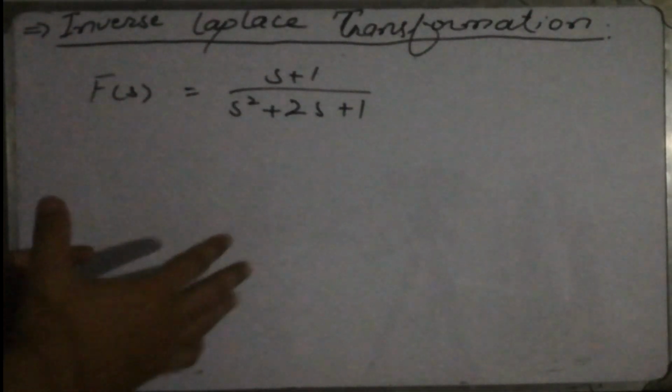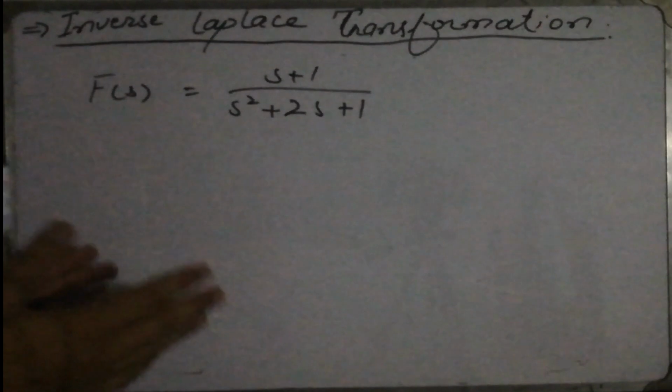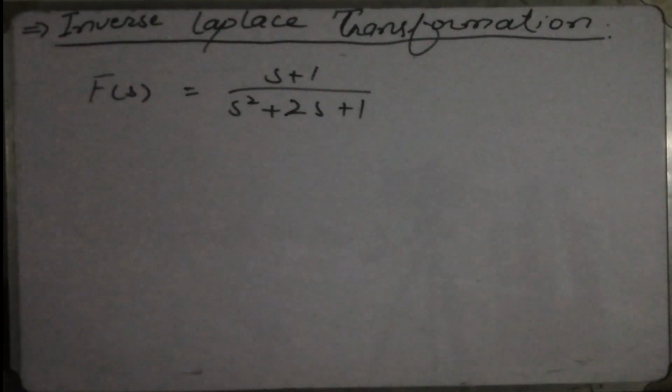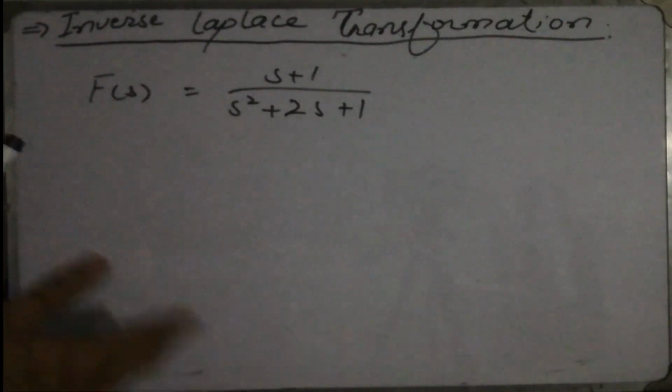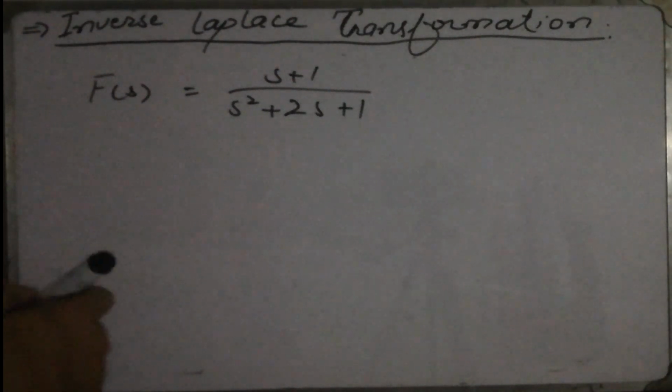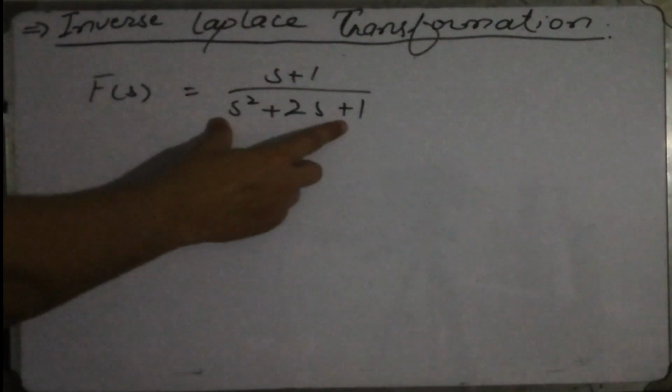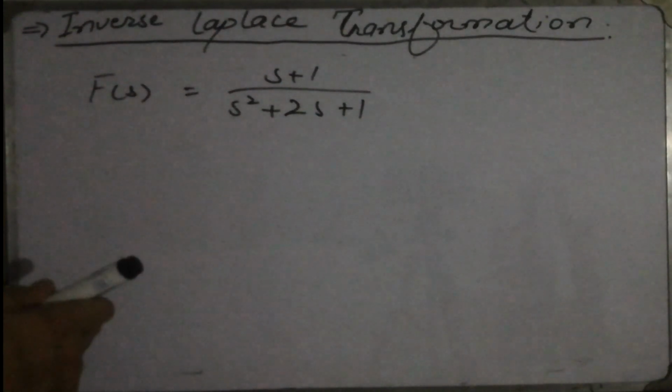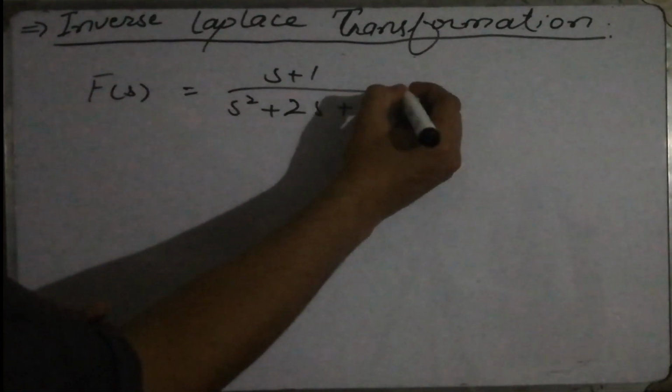So we need to reduce this function into a form that is available in our table, and from that table we would be able to find the inverse Laplace easily. So for the reduction we need to factorize our denominator. Let's do that.